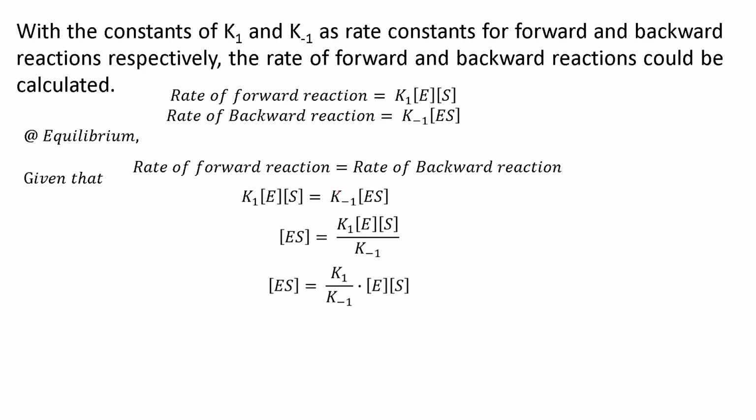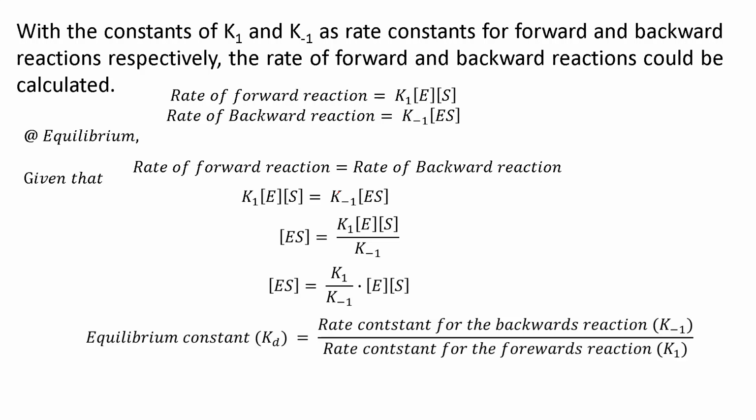Now, this will give us that ES is equal to K1 over K minus 1, all multiplying E and S. So I may decide to give you the parameters, the free enzyme concentration and then the substrate concentration, and ask you to calculate for ES. You can do that. It is just a small calculation.